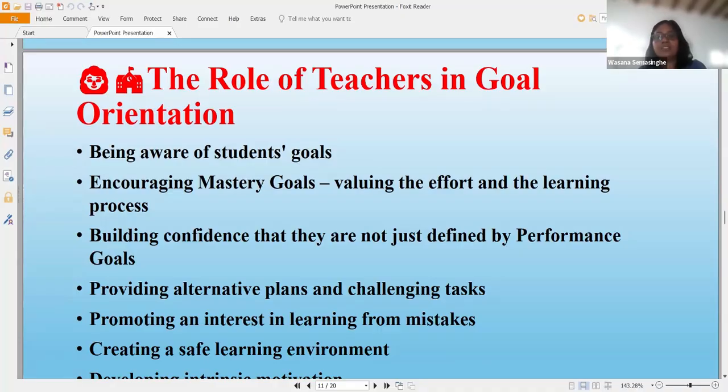The role of teachers in goal orientation. So, what is that? We've been given some examples here.